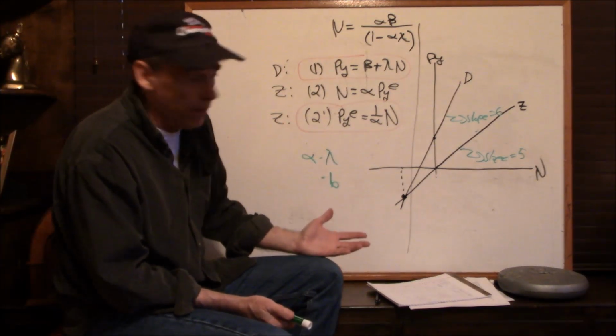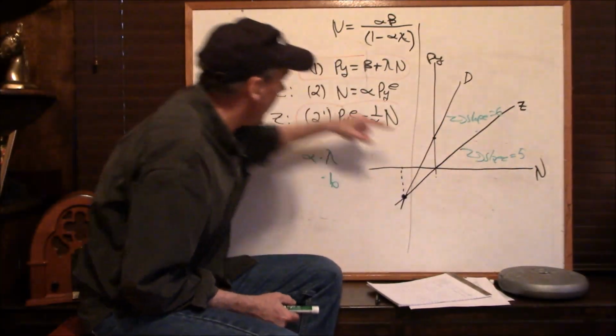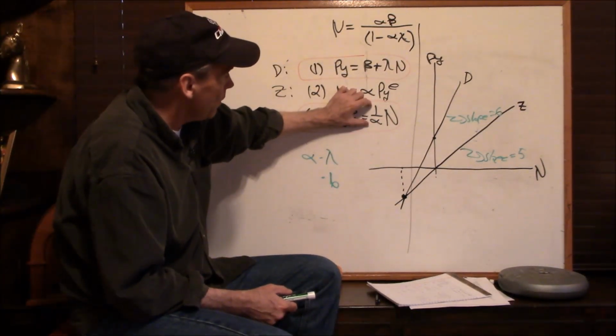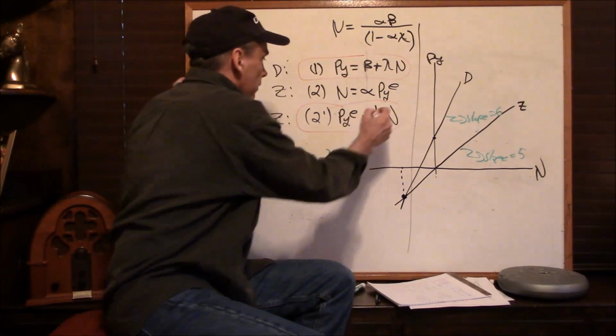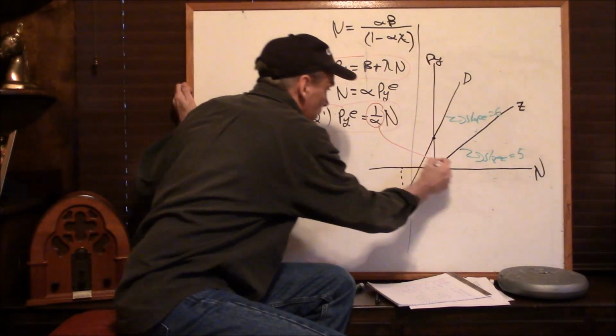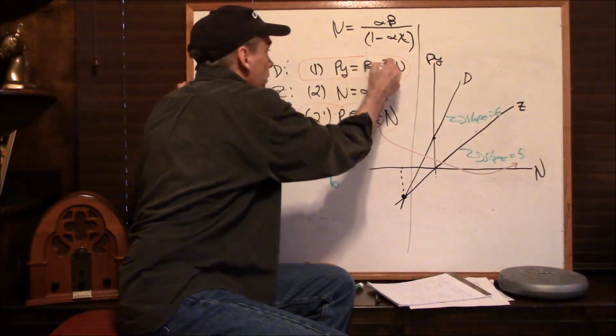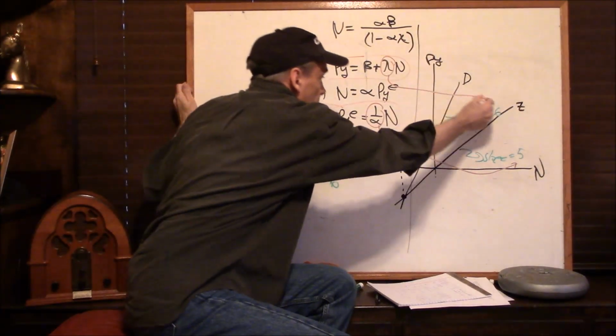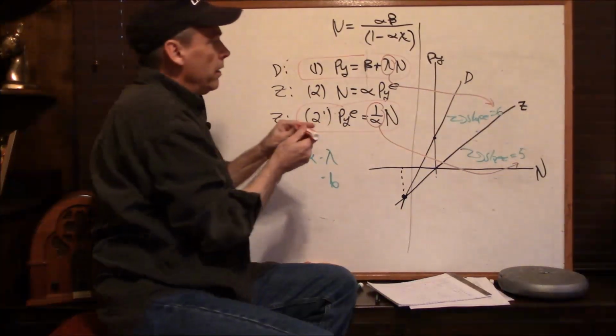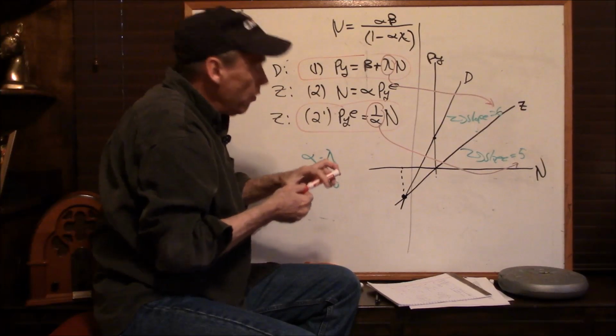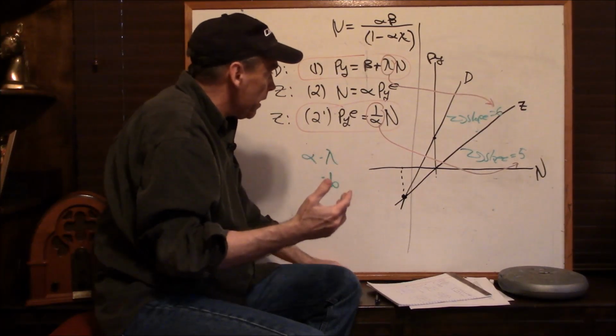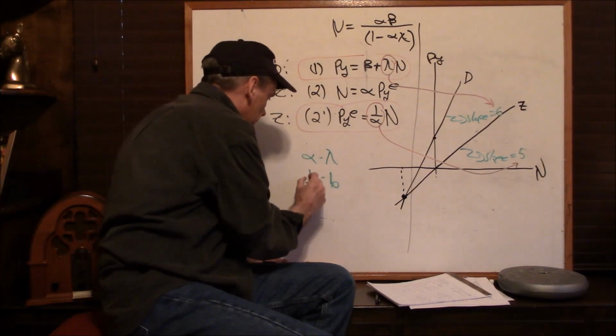Well, alpha's 1 over 5, right? Because if this is equal to 5, then remember this is the slope. The slope is 1 over alpha, so therefore alpha must be 1 over 5.